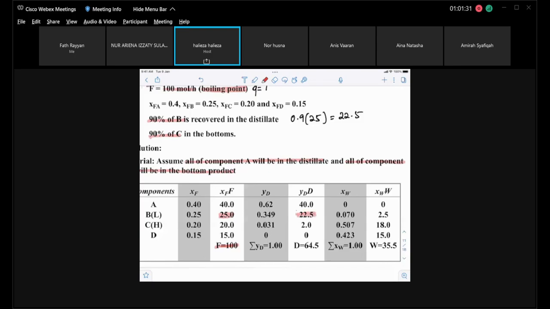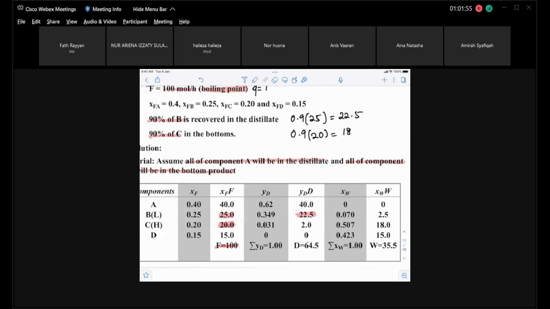I do the same thing for C. I know that C is 20 mole per hour based on the composition given of my feed. So 90% times 20 is going to be 18.